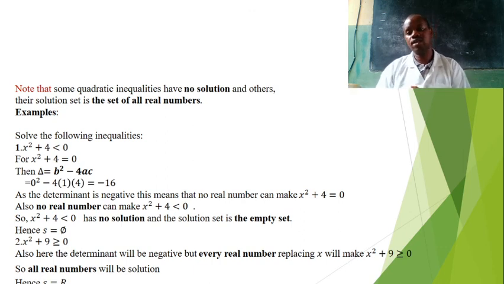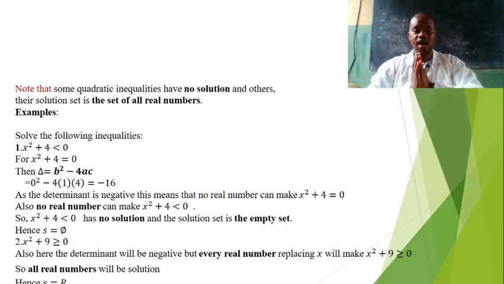Because no real number can verify that inequality, we conclude that the inequality has no solution. And finally, the solution set will be an empty set, a set of no element.